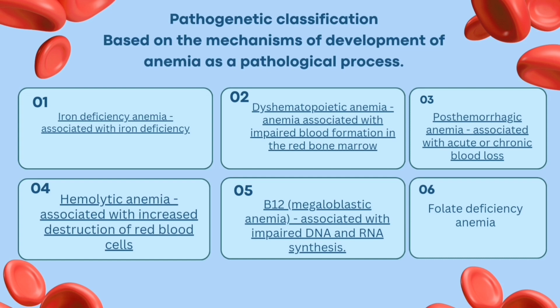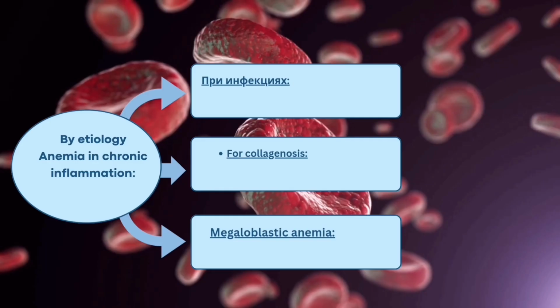Post-hemorrhagic means associated with acute or chronic blood loss. Hemolytic is associated with increased destruction of red blood cells. B12 deficiency is associated with impaired DNA and RNA synthesis. And dysmetapoietic anemia is associated with impaired blood formation in the red bone marrow.